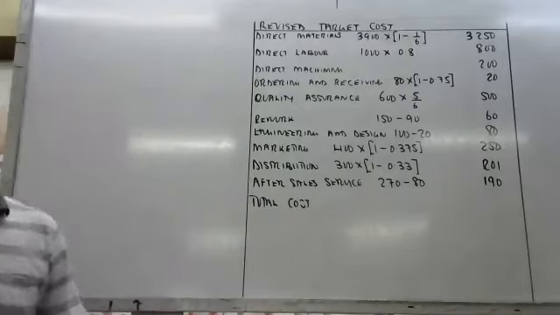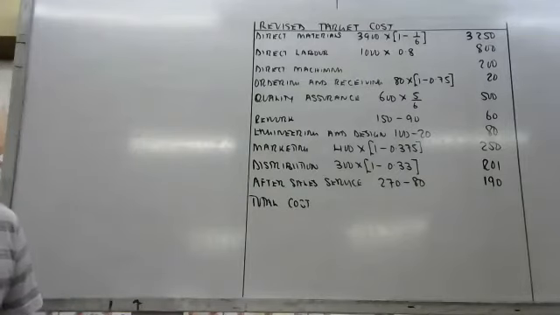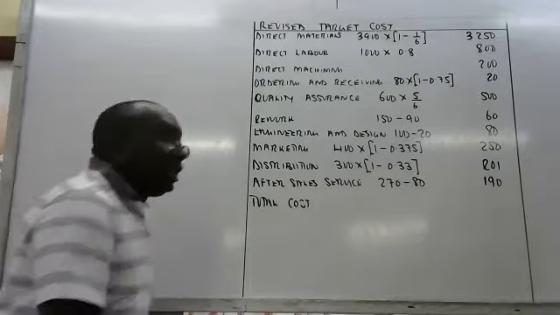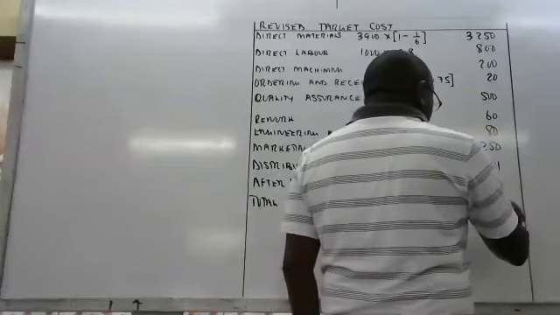So add those costs and give me the total. Yes, I can see 5,551.